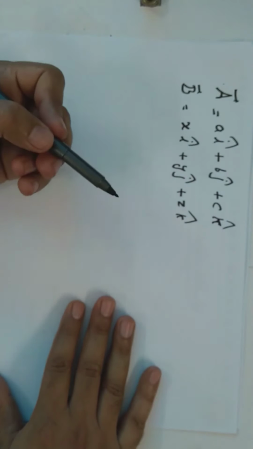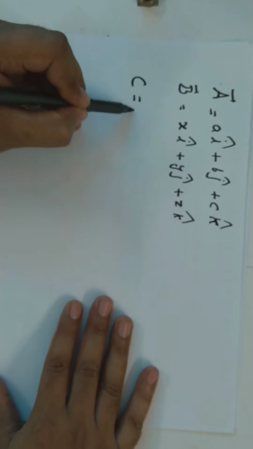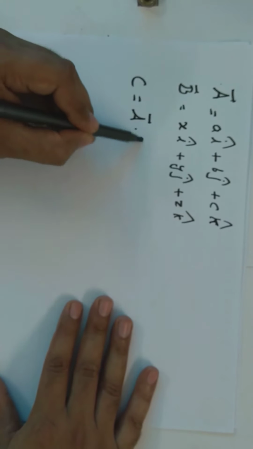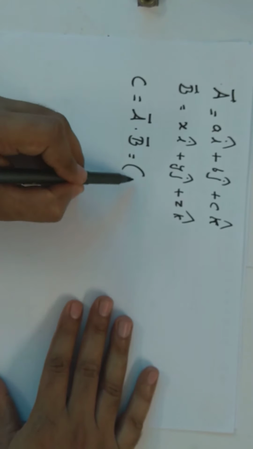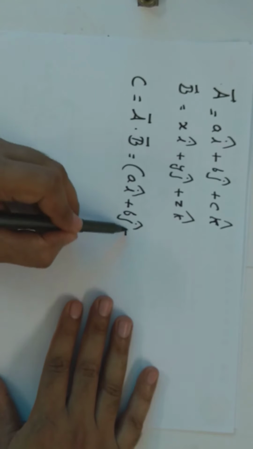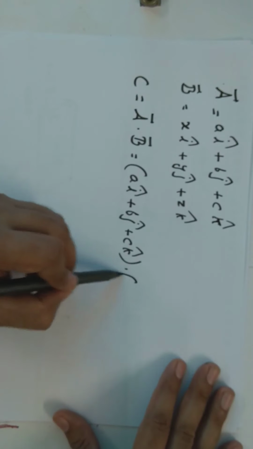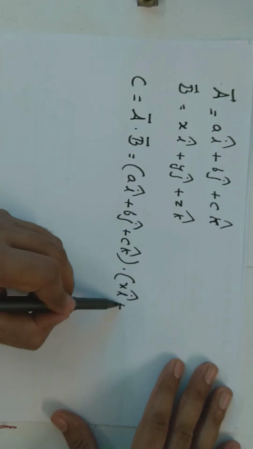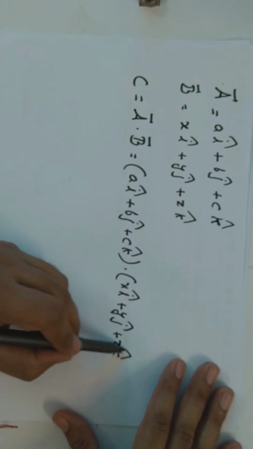So what we need to find is dot product. So C is A vector dot B vector. So what we do? We put first vector first, a i cap plus b j cap plus c k cap dot x i cap plus y j cap plus z k cap.